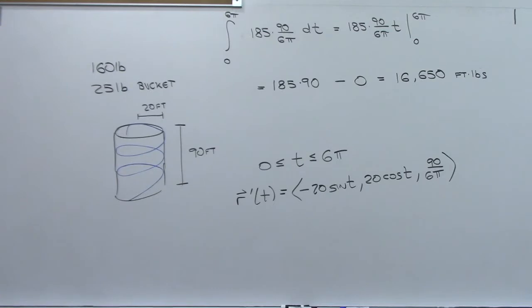Now let's look at number 44. In number 44, they want us to do the exact same problem, except there's a hole in the can of paint, and 9 pounds of paint leaks out of the can during the ascent.